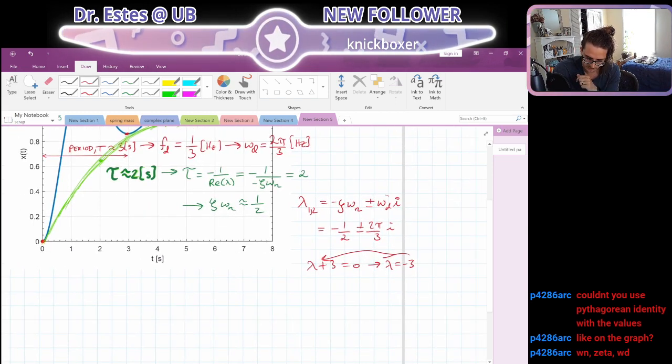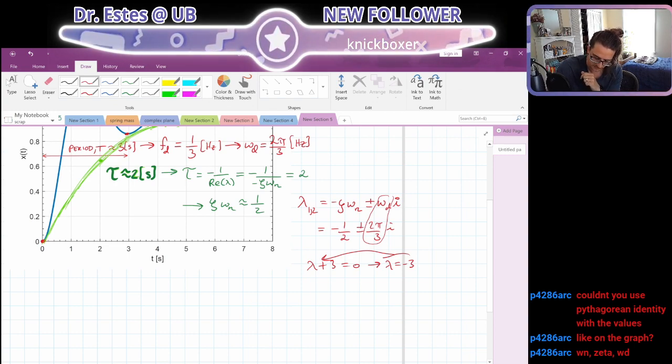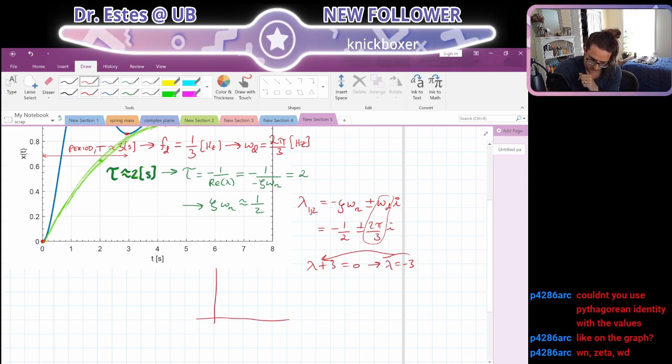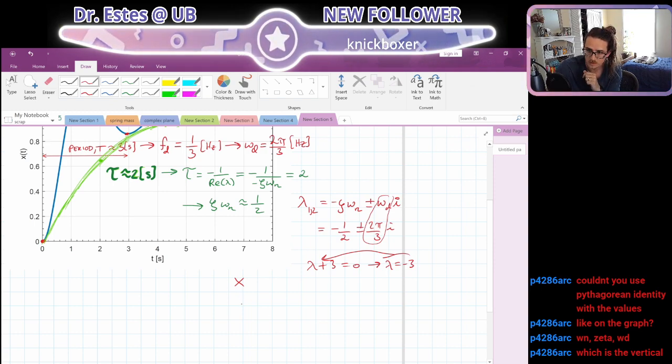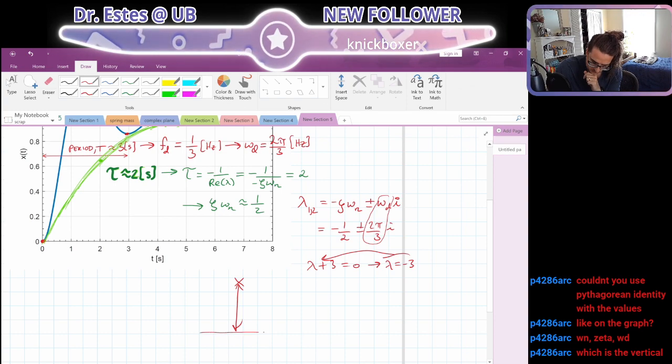So I know omega d already, so let's do this. Let's say I have a root here. The vertical is 2 pi over 3.